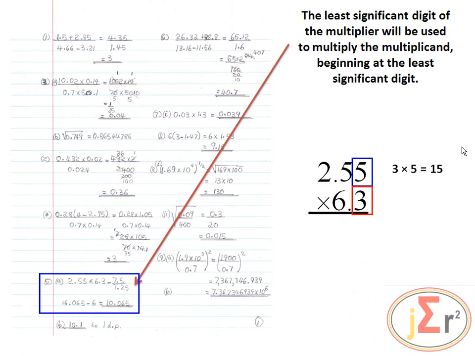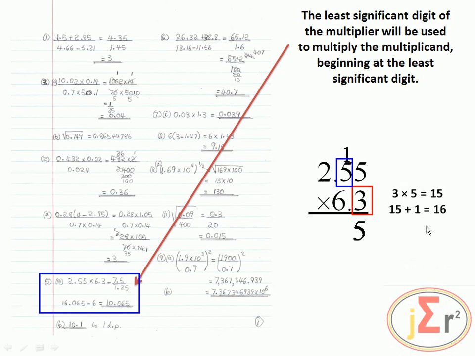So we take the 3 5s, 15. Write down that 5 and carry 1 as usual. Then what do we say? 3 5s, 15 again, but there's another one that we need to add. So 15 plus 1 is equal to 16.